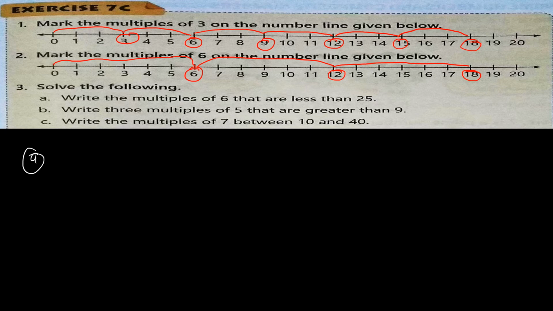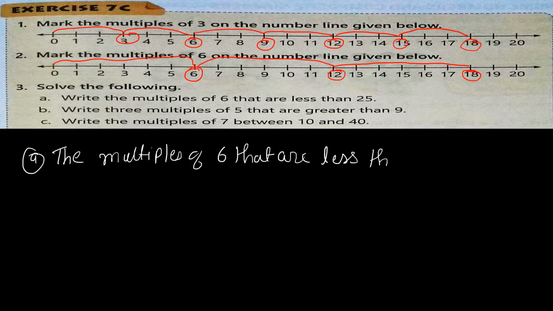Number A. The multiples of 6 that are less than 25 are 6 1s are 6, 6 2s are 12, 6 3s are 18, 6 4s are 24. Done. 6 5s are 30. We cannot write it. Why? Because 30 is greater than 25. So here we need to write only less than 25.